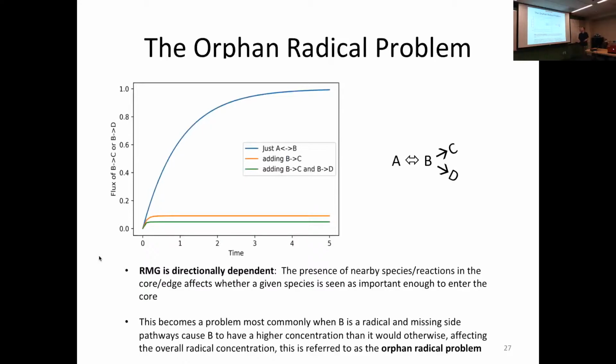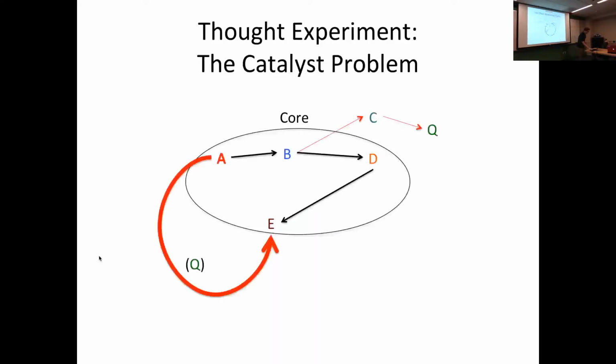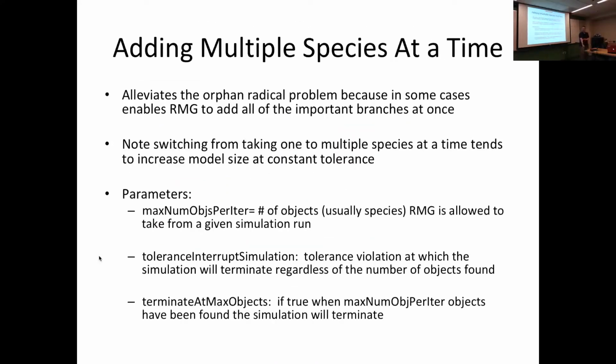However, that doesn't protect you in the case where, for some reason, C or D is already in the model before you even go through here. It also doesn't guarantee anything, since you could be adding other stuff at the same time. So maybe you added C because it was the 5th species, and you were only taking 5 species. But I highly recommend adding multiple species at a time for this reason.